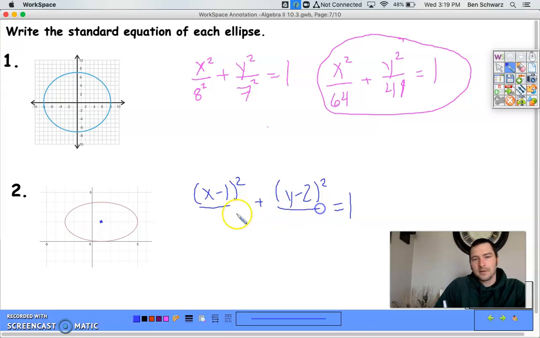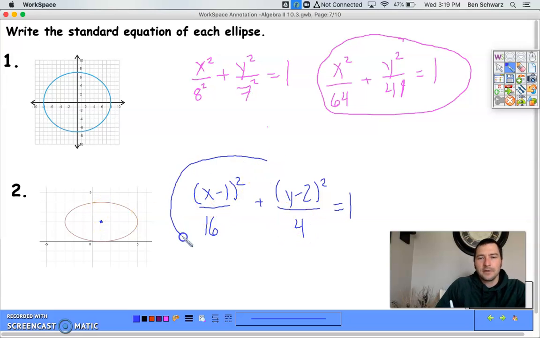Now to see what goes underneath the x, we look how far to the left and the right we go. It looks like we're going 1, 2, 3, 4. Since it's 4 away, 4 squared is 16. For y, how far up and down? We're going up 2. 2 squared is going to be 4. So that's the equation for that one.